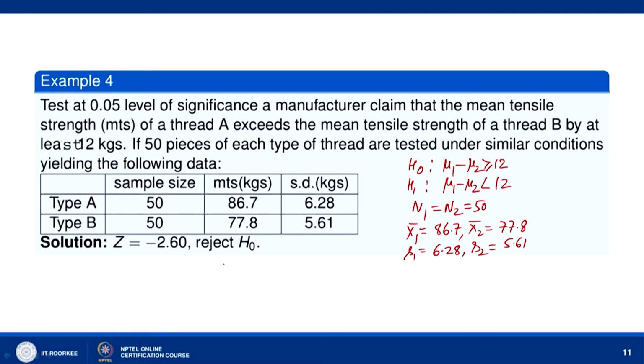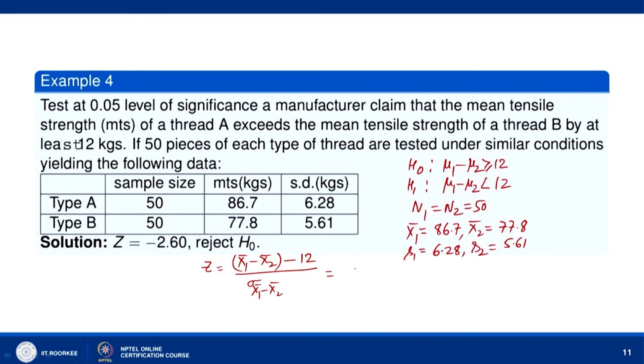5.61. So, Z is equal to x 1 bar minus x 2 bar minus delta, which is 12, divided by sigma of x 1 bar minus x 2 bar.